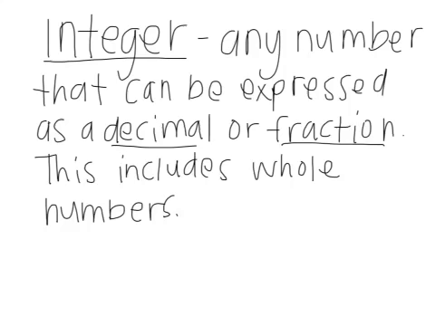First, an integer is any number that can be expressed as a decimal or a fraction. This includes whole numbers. Now that might not make too much sense now, but as we keep working with integers, you'll understand why it is important to know that it has to be a decimal or a fraction, or just a regular whole number.